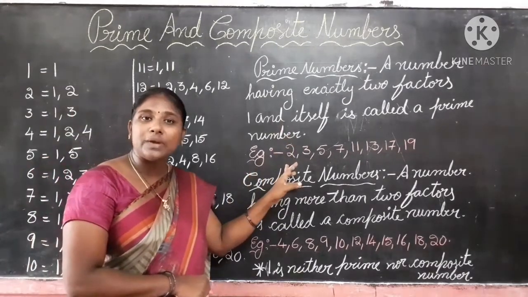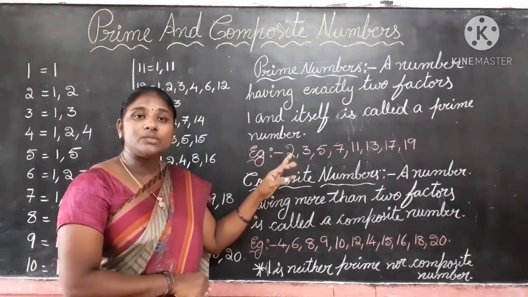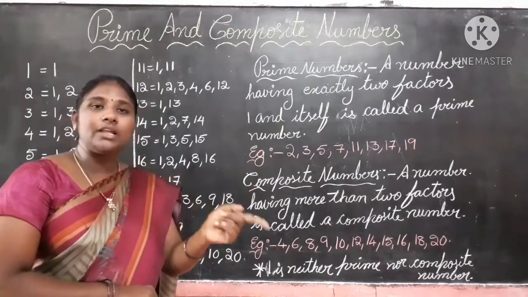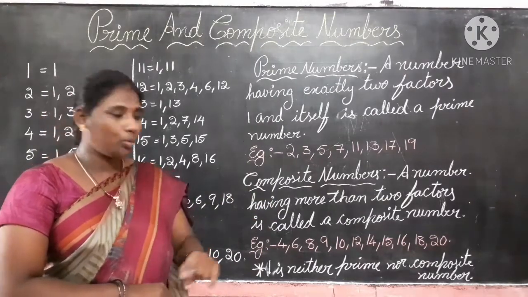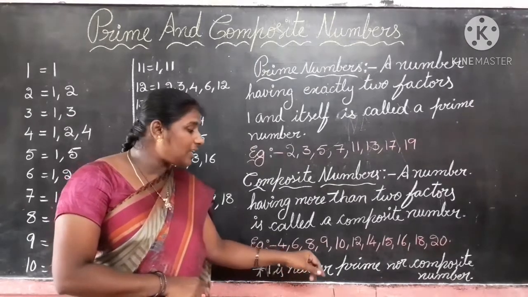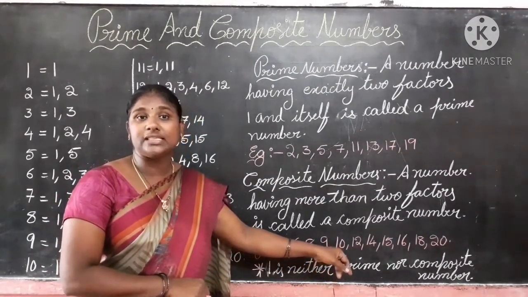The smallest prime number is 2. The smallest even number is also 2. The even prime number is 2. The smallest composite number is 4. The smallest odd composite number is 9.